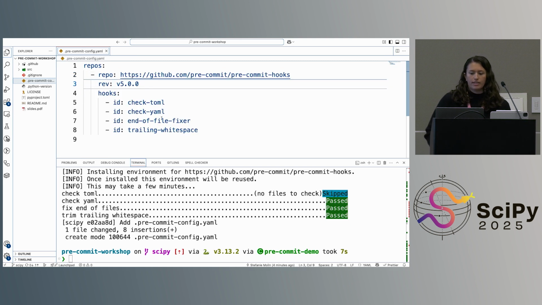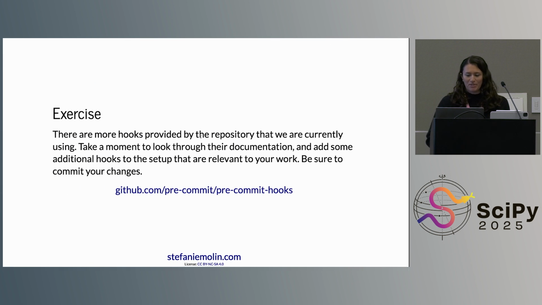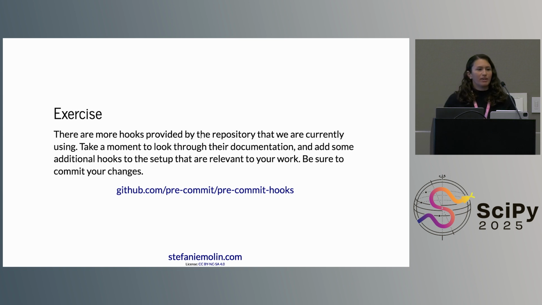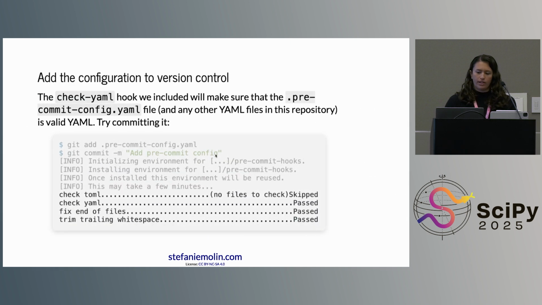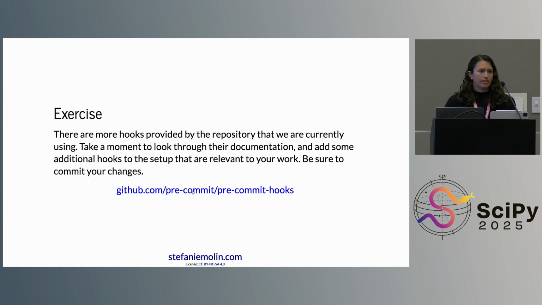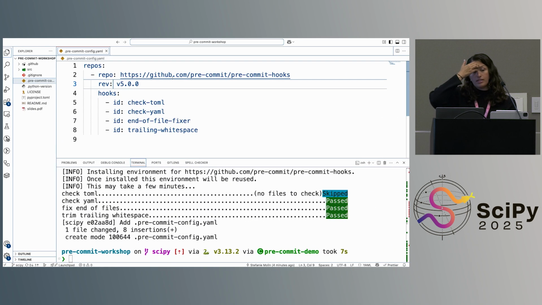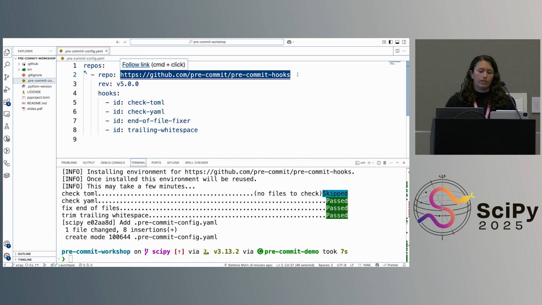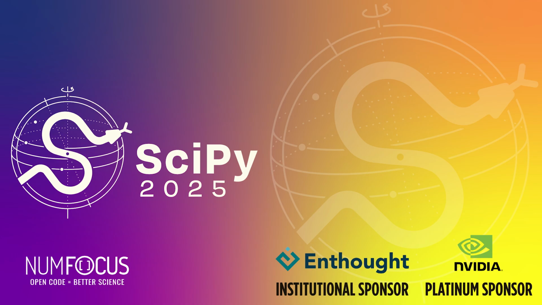And we're going to see how we use them, jumping ahead. That's a future exercise. So right now, I just want you to take a look at this link right here. You can copy this and go there, and try to find some other hooks that they have, ones that are not up here that you think are interesting, and add them to the config and commit them.